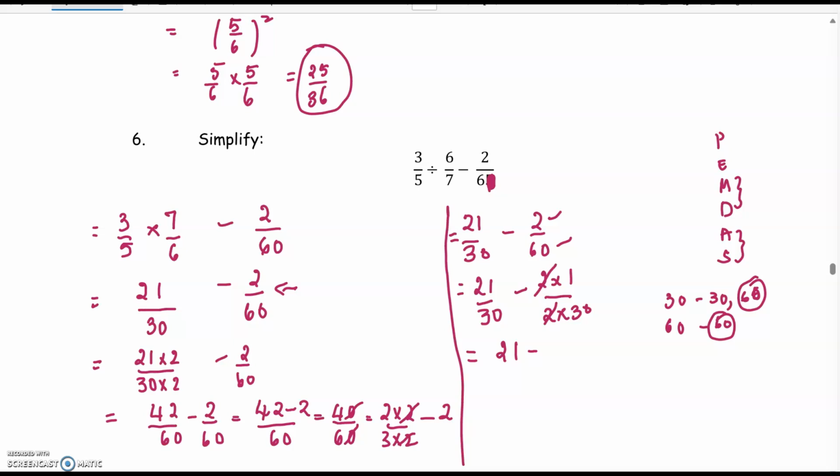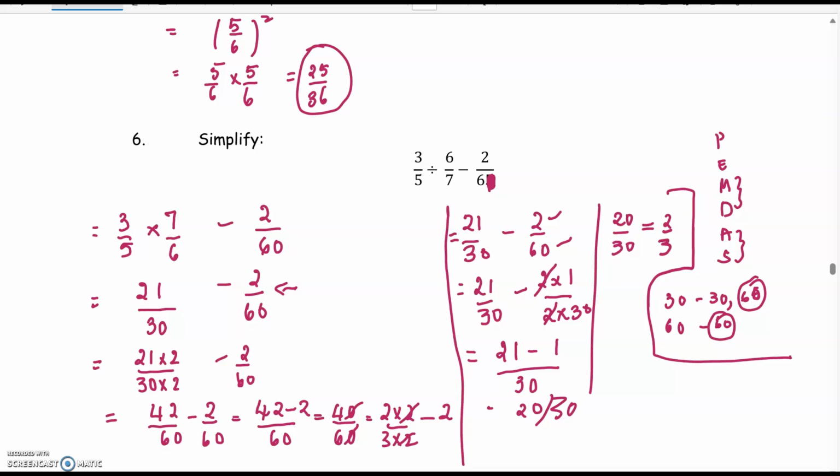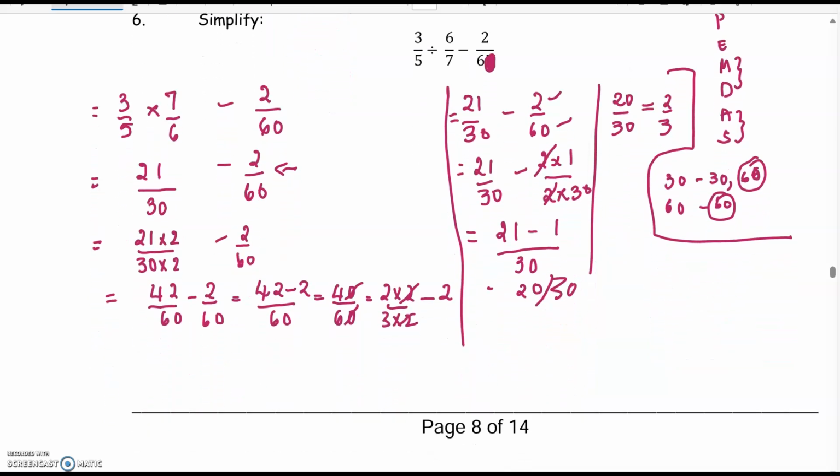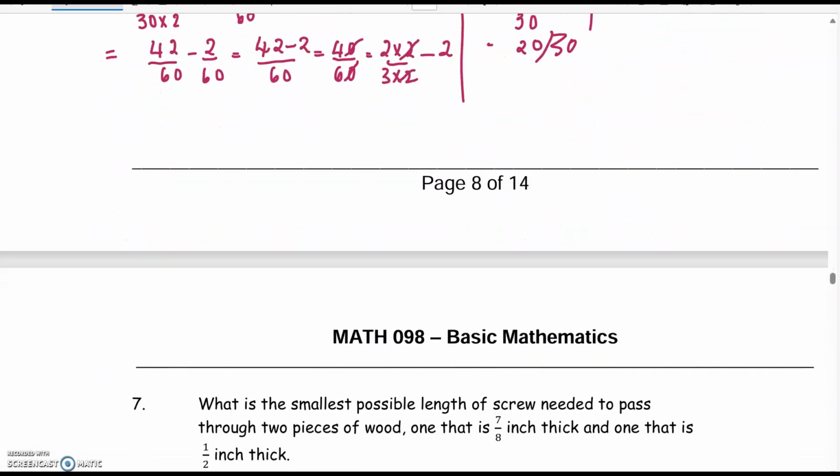So it'll be 21 minus 1 over the common denominator of 30, which is 20 in the numerator divided by 30 in the denominator. And that's equal to 2/3. That's another way of doing the same problem. But remember that I changed it from 65 to 60 because 65 is just unnecessarily complicated.